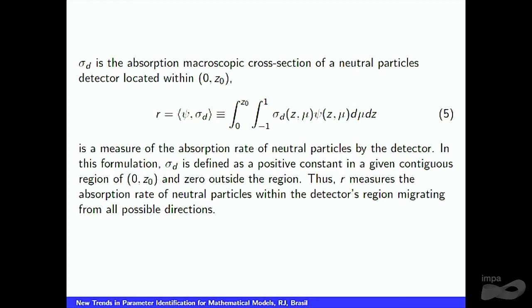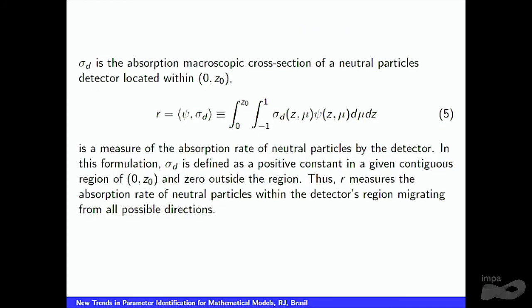So when I have the detector with absorption cross-section sigma d, I can evaluate this measure, the rate of absorption, in terms of this expression, this inner product, which depends on the angular flux. So R measures the absorption rate of neutron particles within the detector's region, migrating from all possible directions.